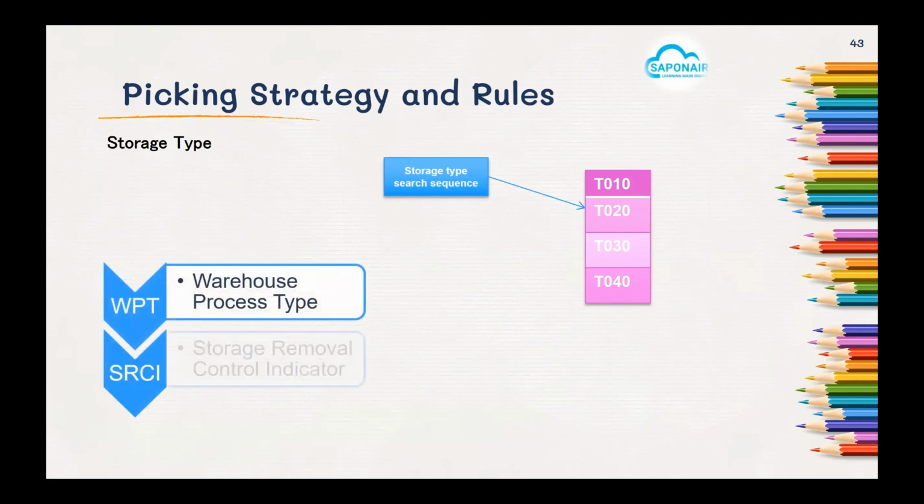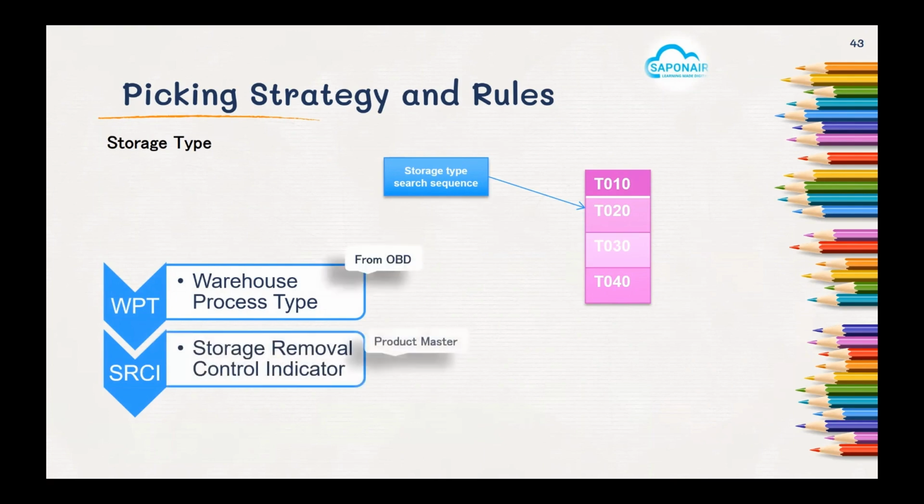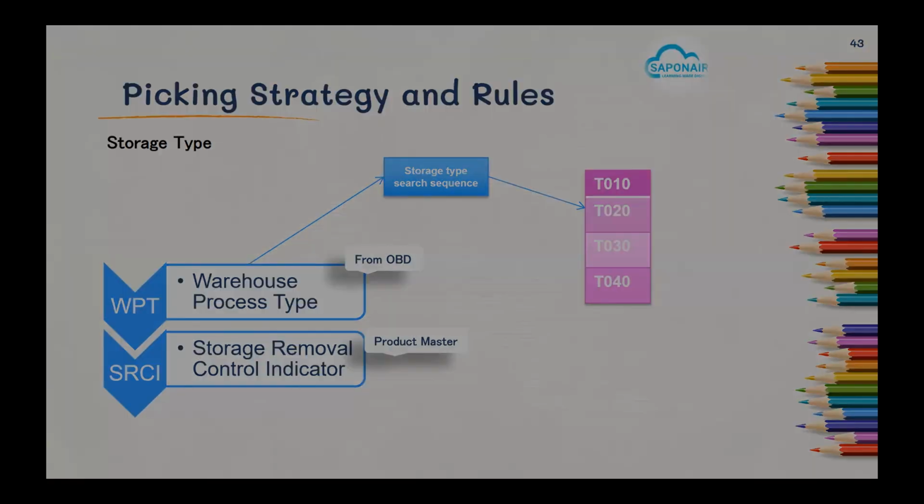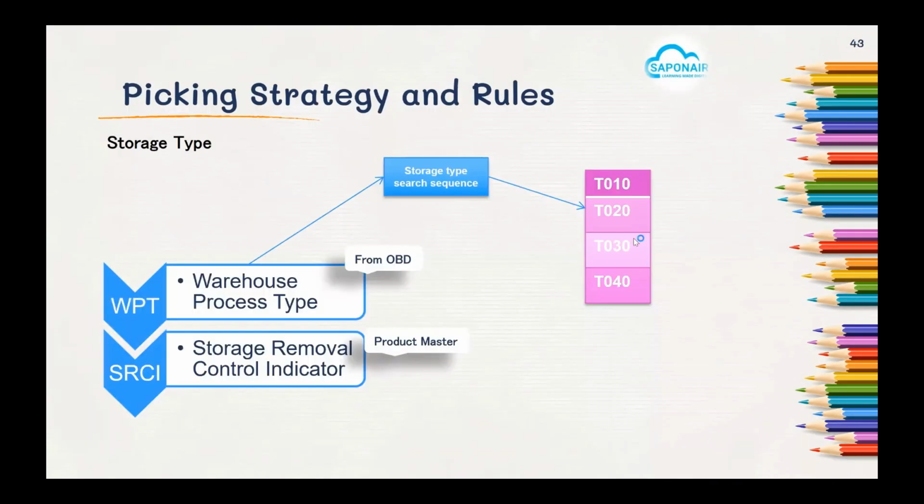We have a warehouse process type and a stock removal indicator. We get the process type from the OBD and the indicator from the product master. So both of these will help us determine our storage type search sequence, and then the system will find it, and you have a list of priority. You will sort based on your priority which storage type it should search first to pick the stock. Clear? Yes, it's clear.